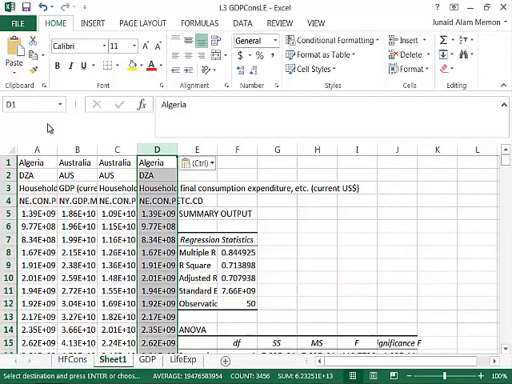Investment, according to Keynesian theory. If investment is not present in the equation, then the equation is majorly misspecified. Now let me show you what happens if I run the regression.